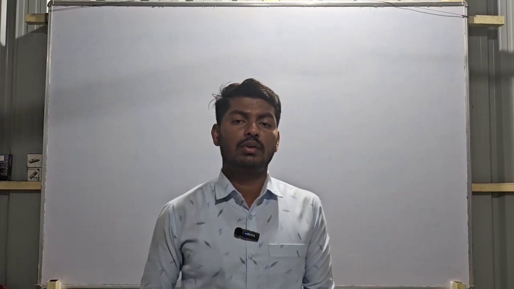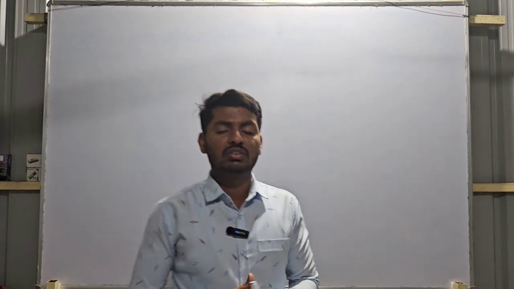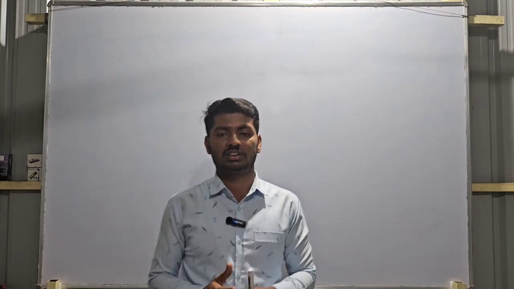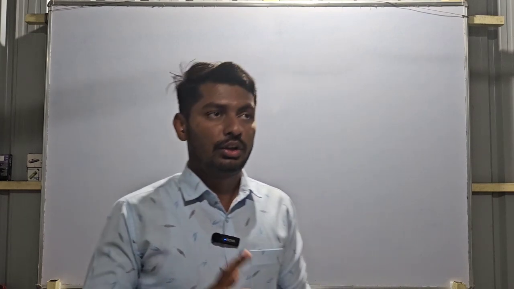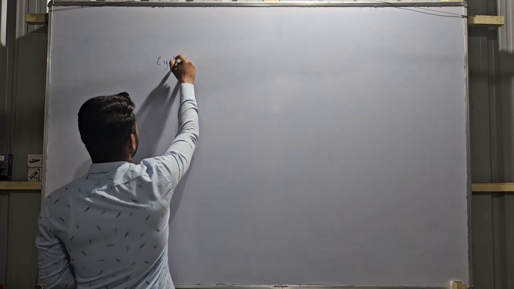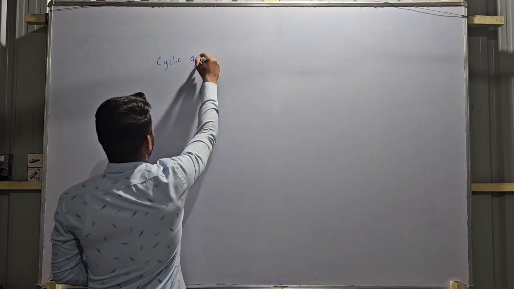Students, till now we have discussed theorems 9.1 to 9.9. In this chapter we have two theorems remaining, which I will explain now. Before going to that theorem statement, you all need to know about a concept, that is the cyclic quadrilateral.